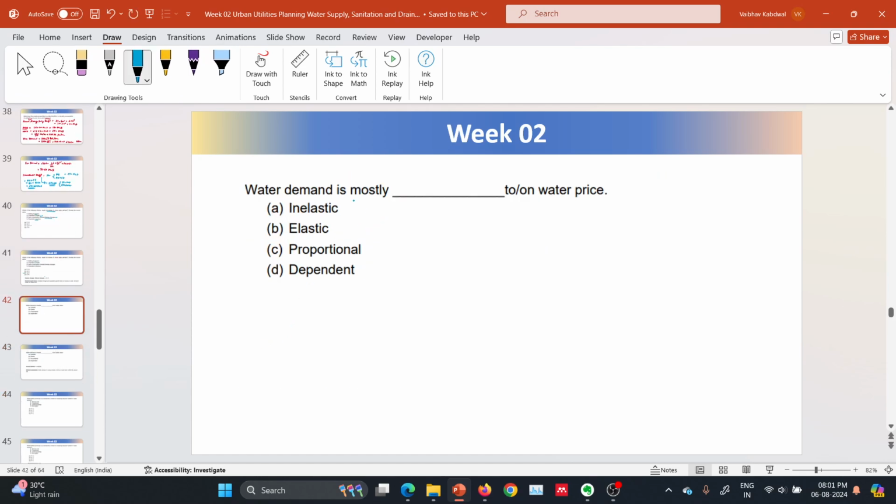Water demand is mostly inelastic to water price. Inelastic means, if we see here price and demand, if price is changed, the demand will not change.